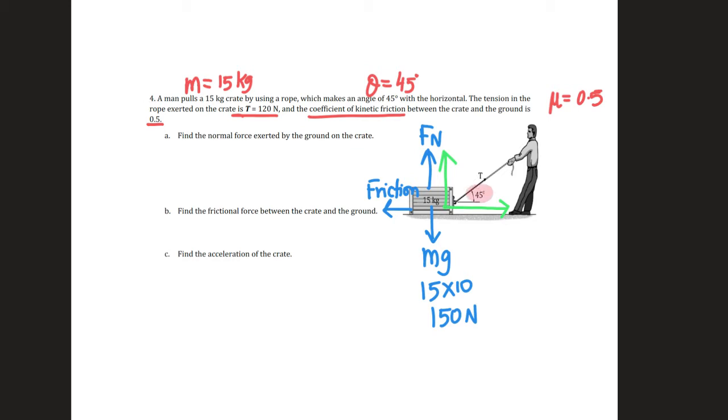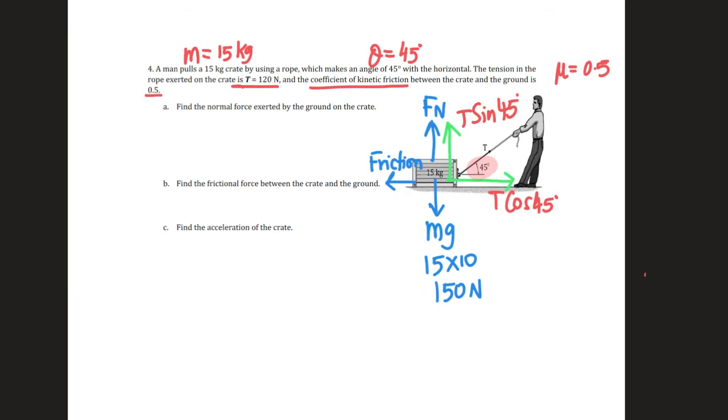The x component will get the cosine, so the x component will be T cosine 45 degrees, whereas the y component will be T sine 45 degrees.